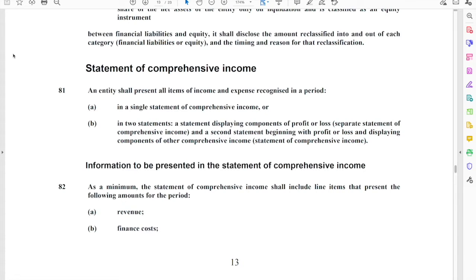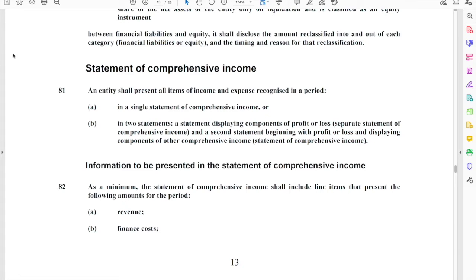You get the total income, you get the total expense, you come up with the total comprehensive income. Wala nang profit or loss, wala nang other comprehensive income. Diretso ka ng total comprehensive income. Straightforward, kumbaga, para siyang single step income statement.